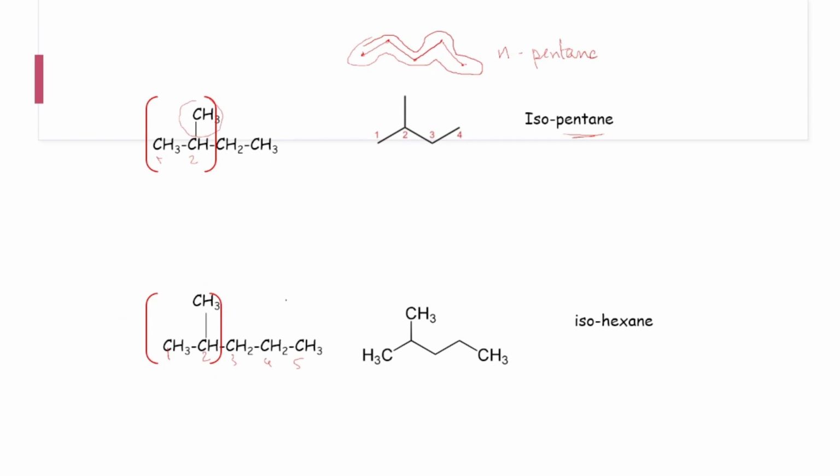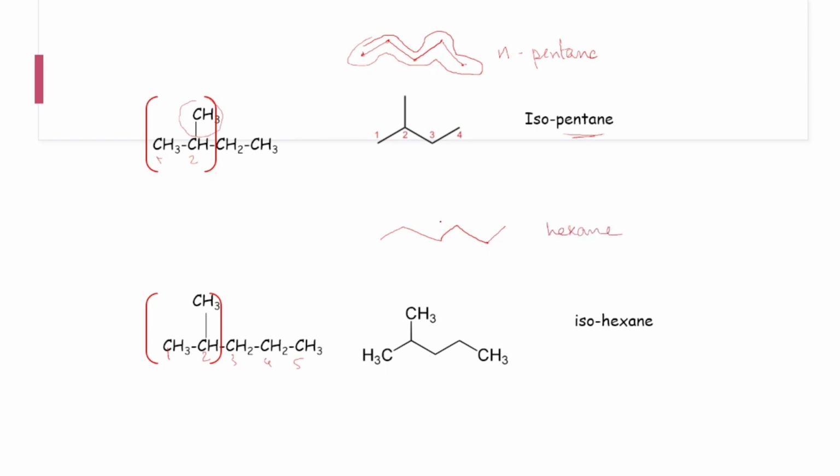So the compound is hexane, but it's not N-hexane. If I have all the carbons in the same chain, connected as a chain, this would be hexane.